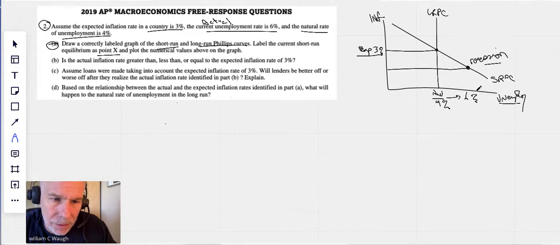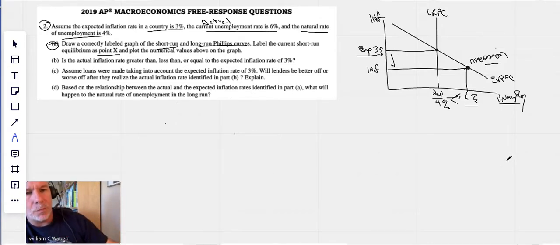You need to know that when the rate of unemployment is greater than the natural rate, we have a recession. We could see our actual inflation is less than the expected inflation, and our unemployment rate is greater than the natural rate. So we know that actual inflation is less than expected inflation.